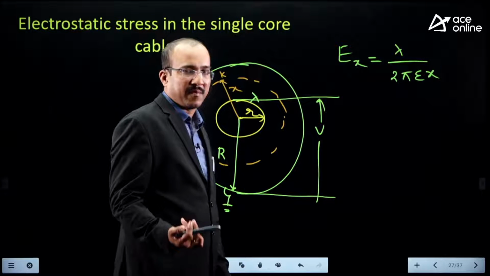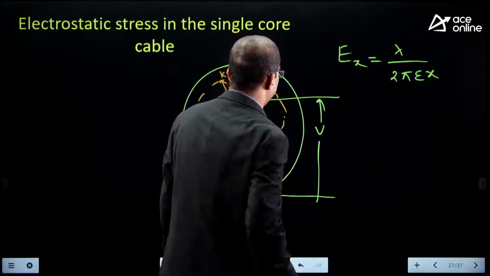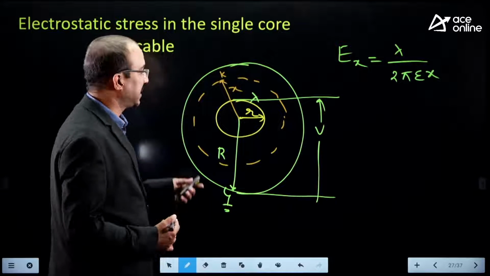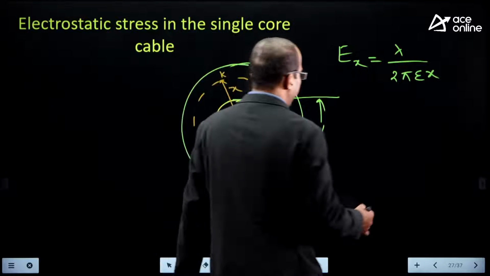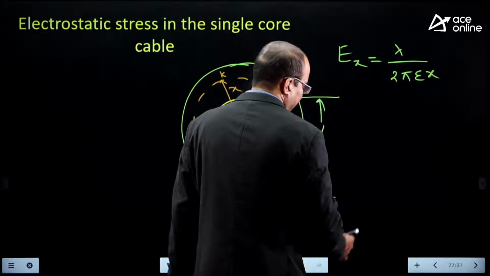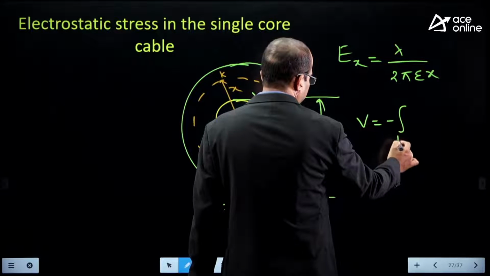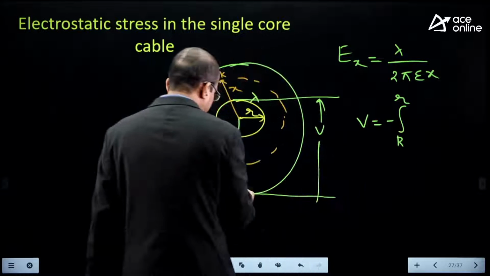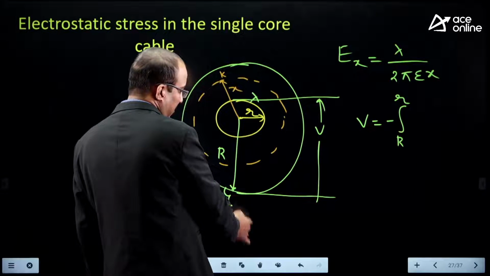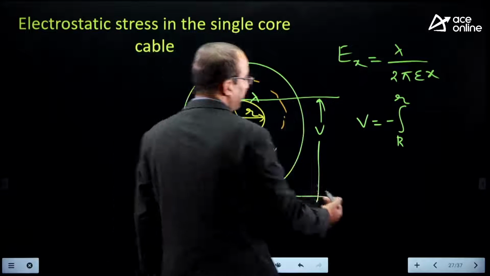But generally we prefer to express the value in terms of voltage rather than charge. So how do you write the operating voltage here? V can be written as minus the integral from small r to capital R. The sheath is at ground potential, and the conductor is at V potential.